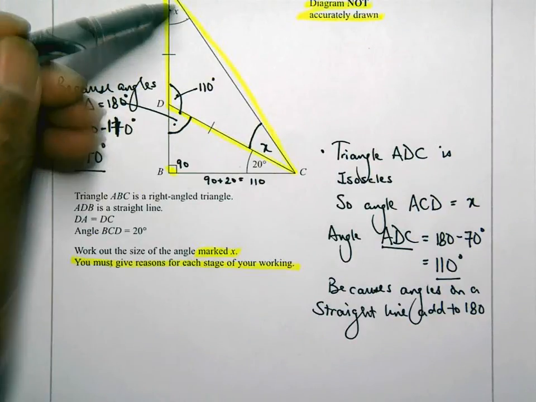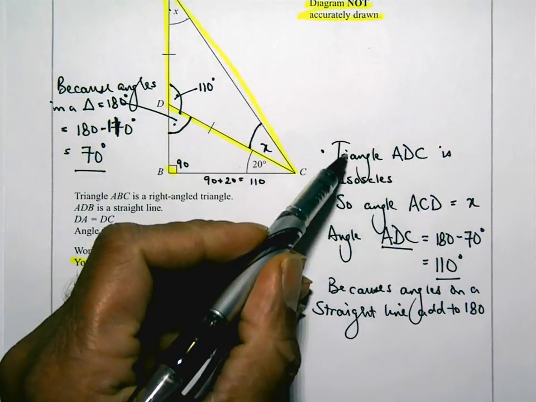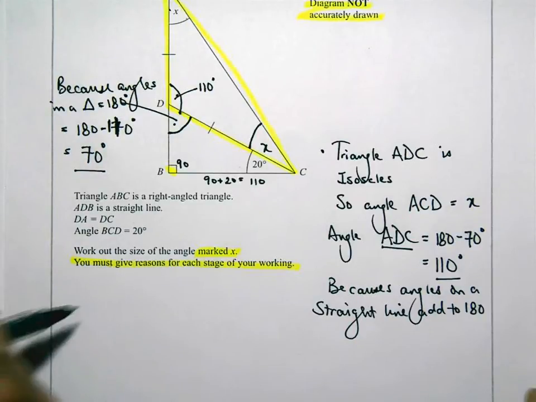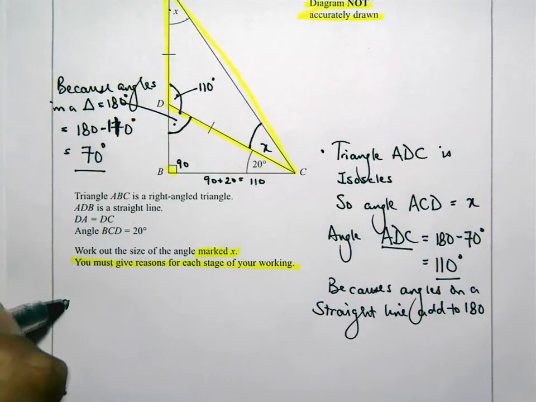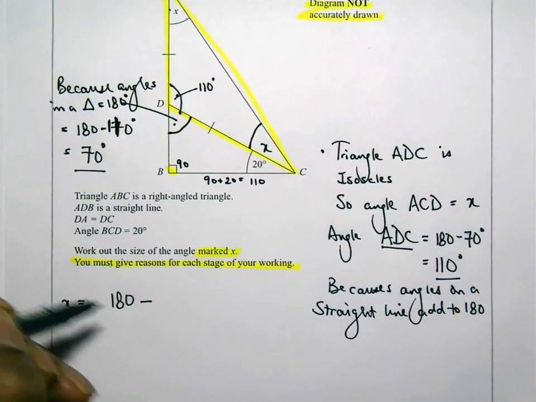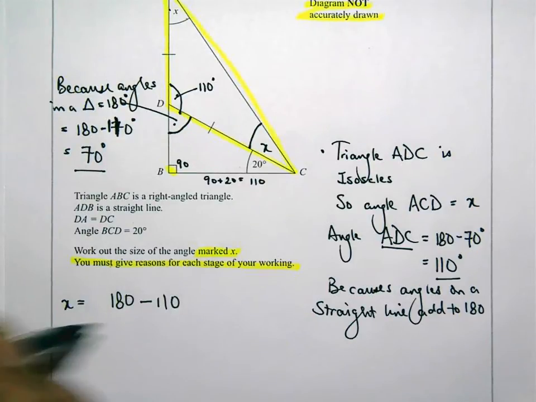So, using the fact that triangle ADC is an isosceles triangle, X is going to be 180 degrees take away 110 degrees, and then I'm going to divide that by 2.